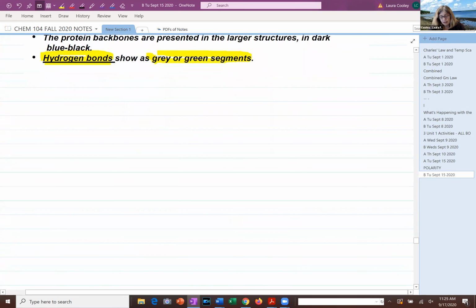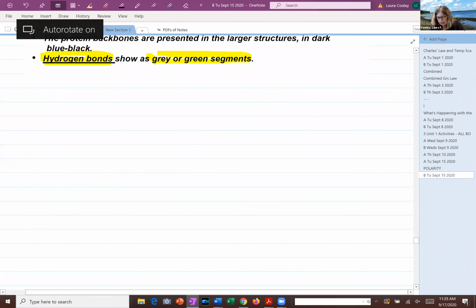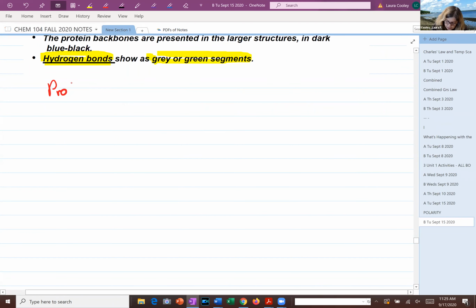Now, something else I would like to tell you is that if you have a protein in an aqueous environment, so that means you've got lots of waters floating around, okay?